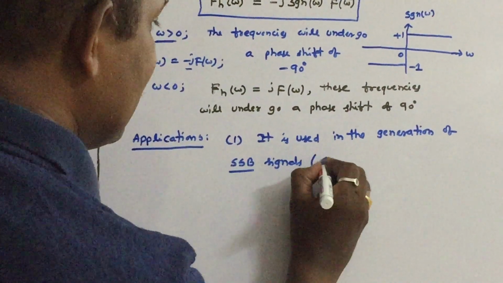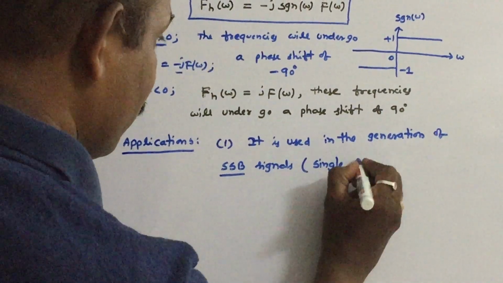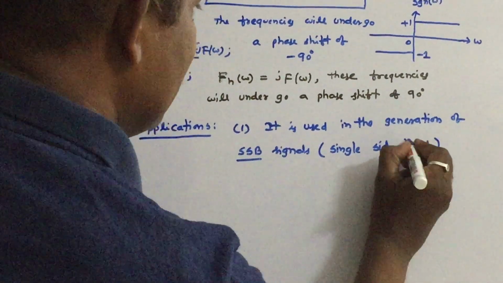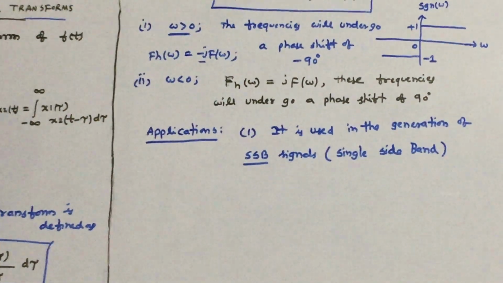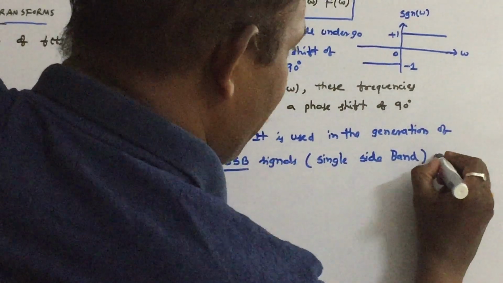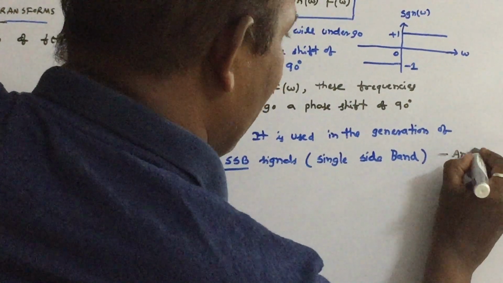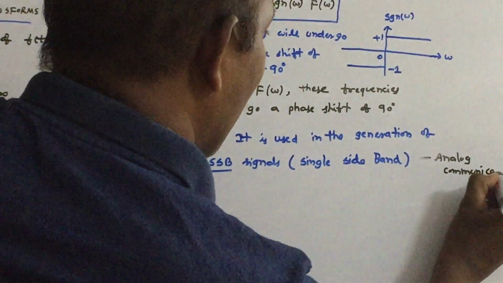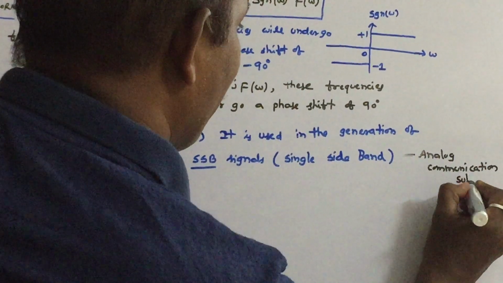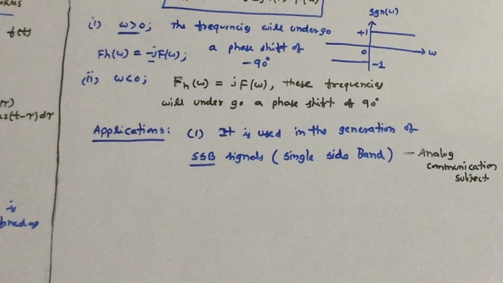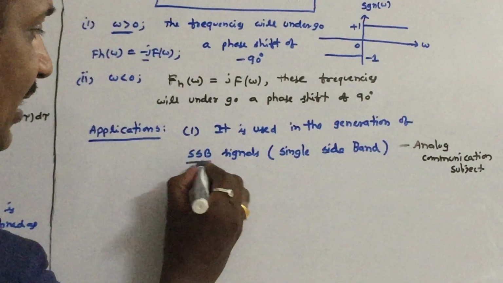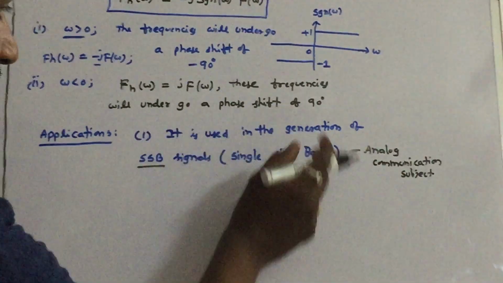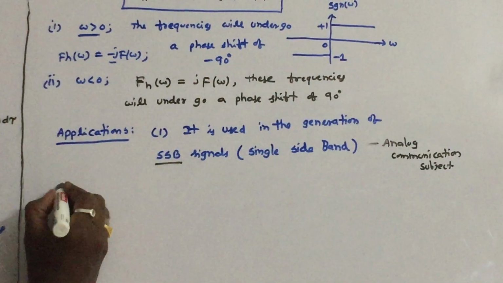SSB stands for single sideband signals. In the analog communication subject, you will again come across the Hilbert transform, where it is used to generate single sideband, that means a signal consisting of only one band. That is the first application.